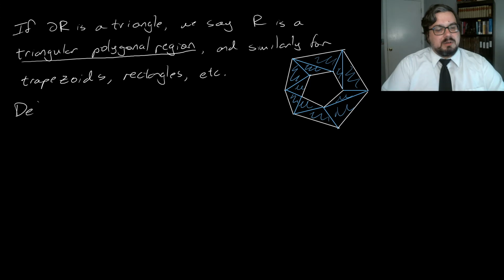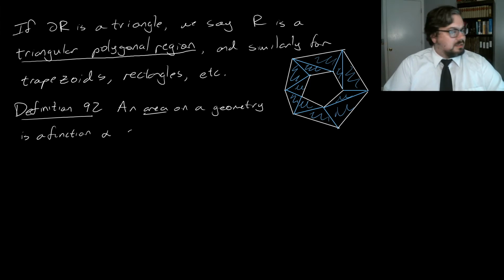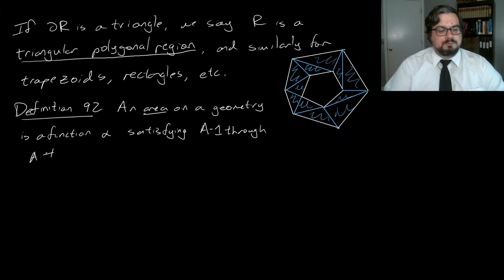So let's go to definition 92. An area on a geometry is a function alpha satisfying the following conditions, A1 through A4. All right, and here we go.